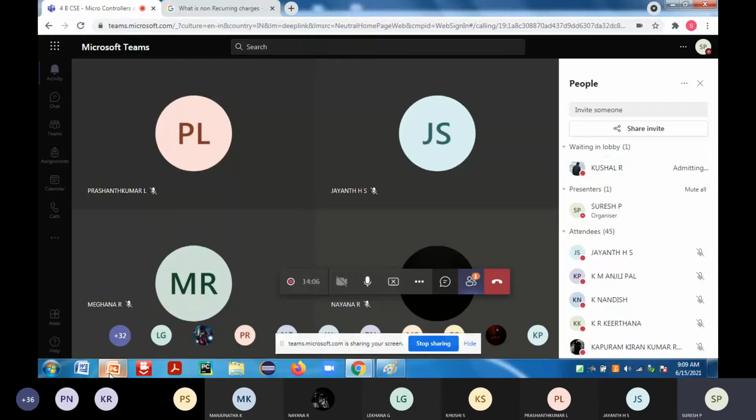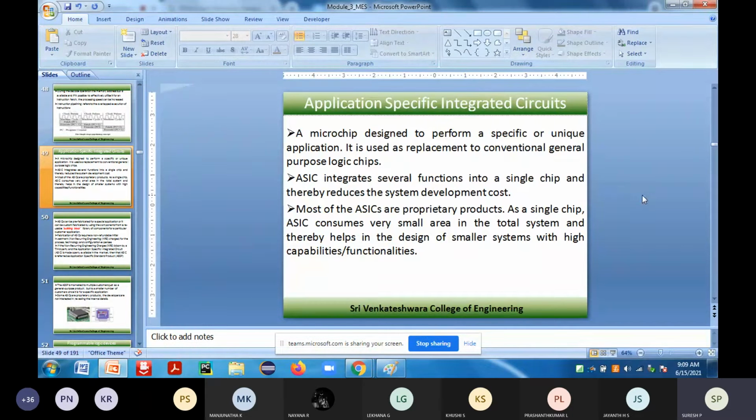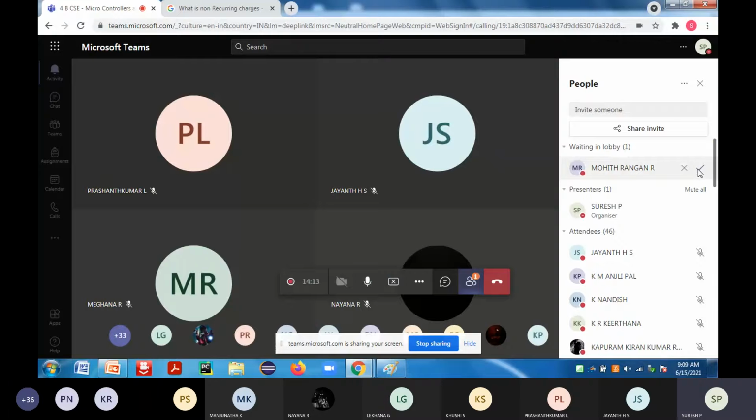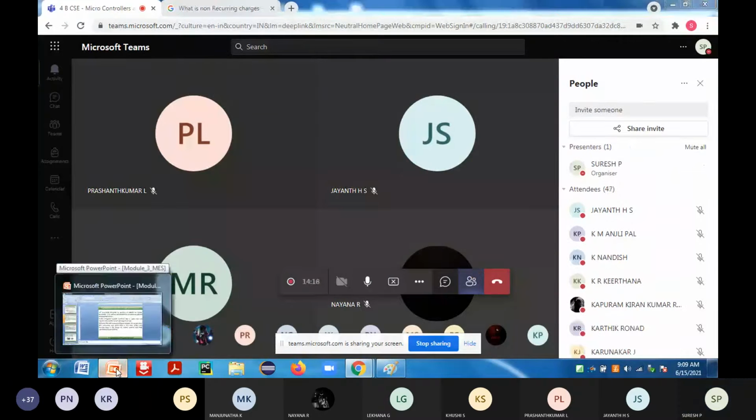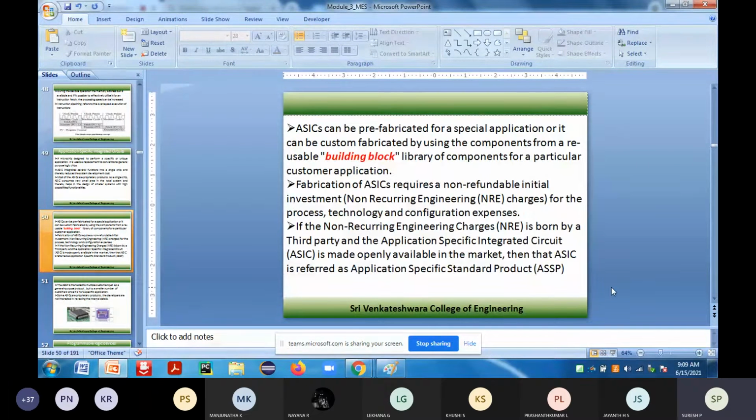Okay. So now, what are the different... if I am going with the normal microchip manufacturer, here a special application will be fabricated.